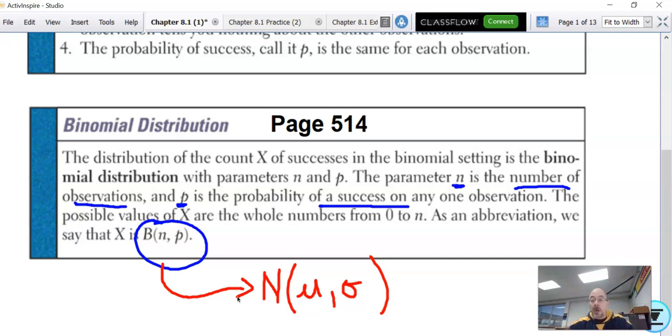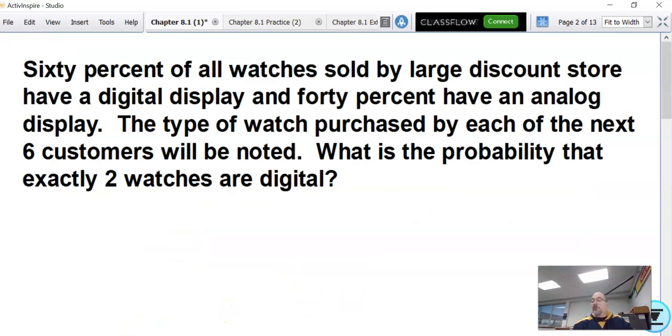We will run across some of those, and I'm going to point those out when we get to them. So in certain situations, the normal distribution can substitute for a binomial distribution, but we aren't going to see any of those today. All right, now here's our first example.